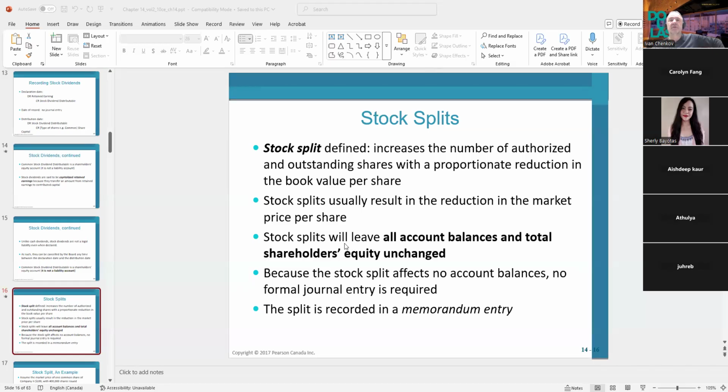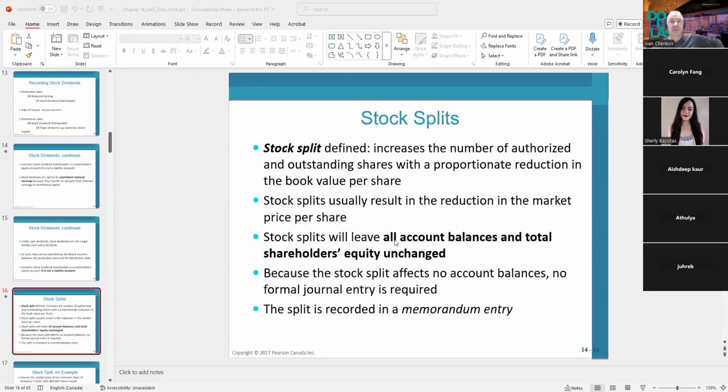A stock split will leave all the account balances and the total shareholders' equity unchanged. So the balance on the common shares is not going to change. Shareholders' equity is not going to change. What's going to change? Just the number of shares.